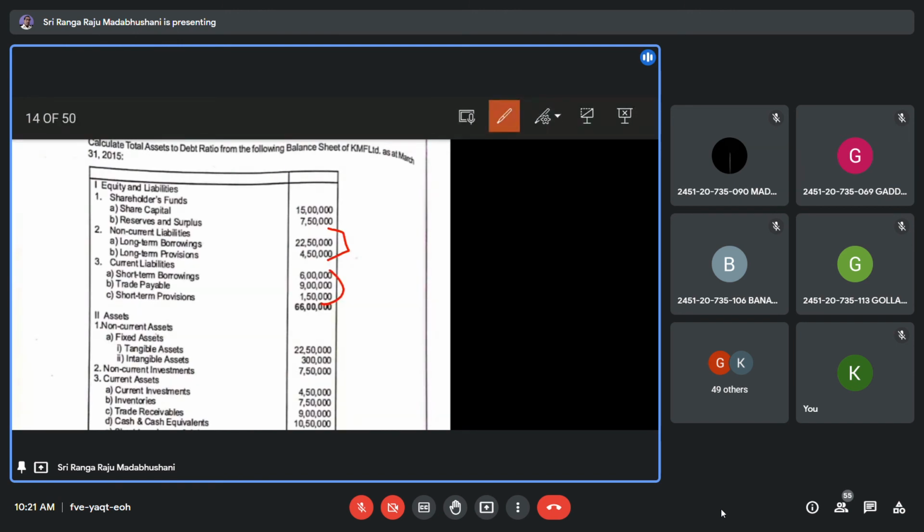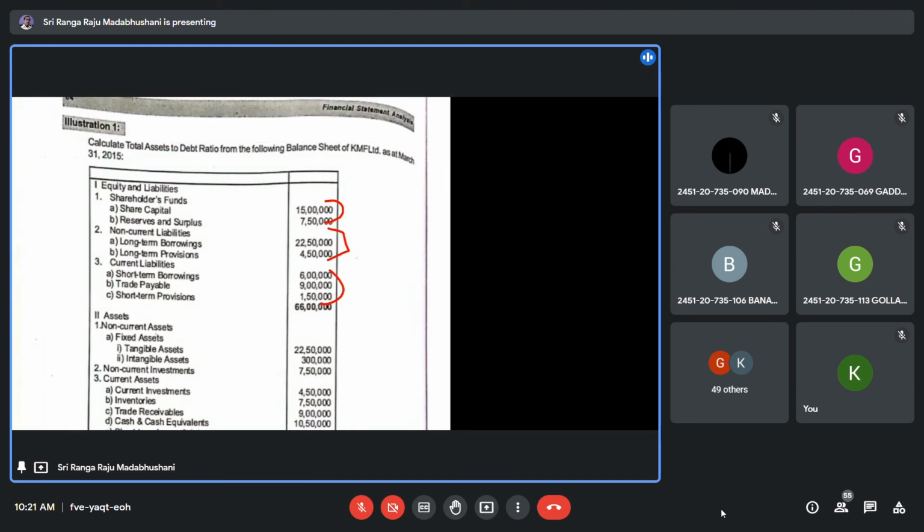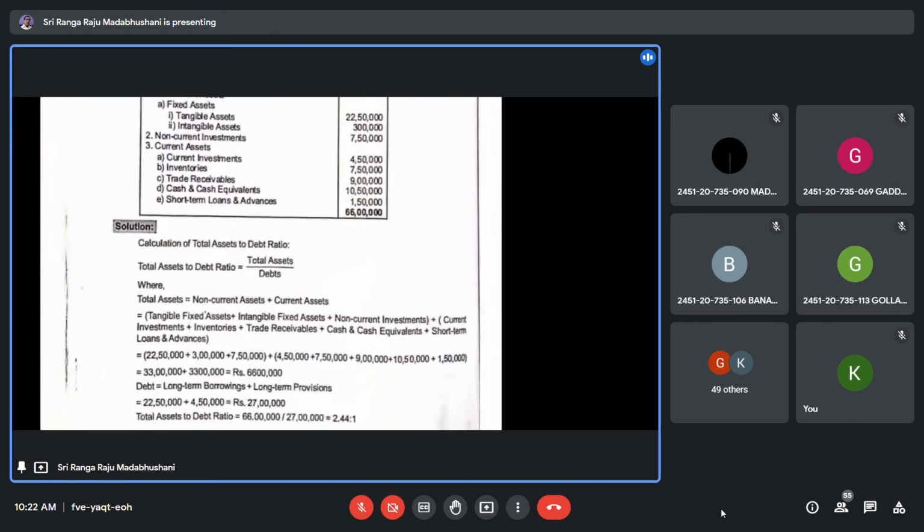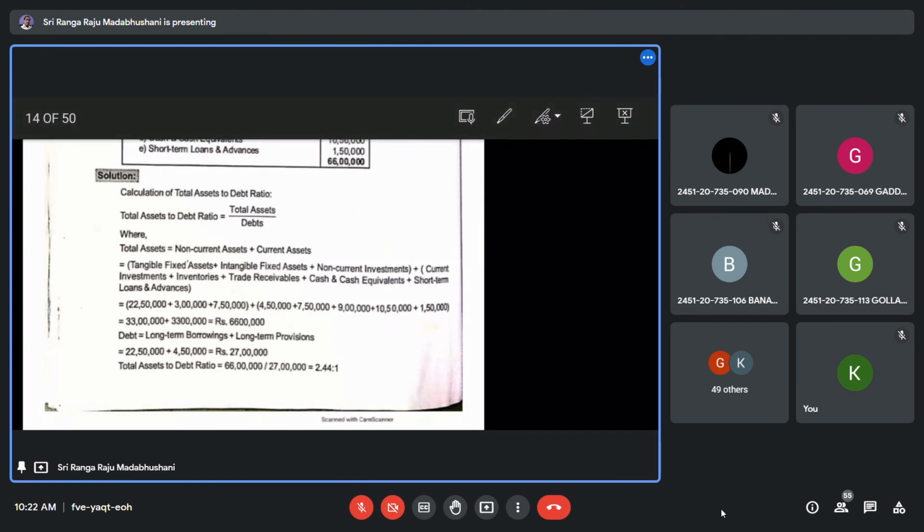In owner's equity, the shareholders fund will be taken for the debt to equity ratio. So if it is given in this way, it's very simple and easy, if we know the things.